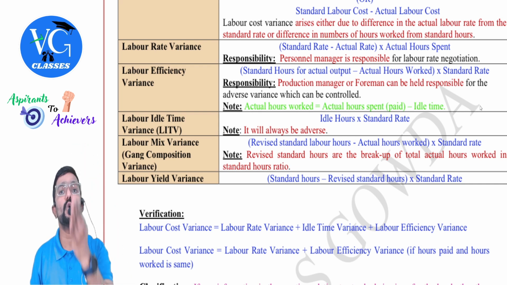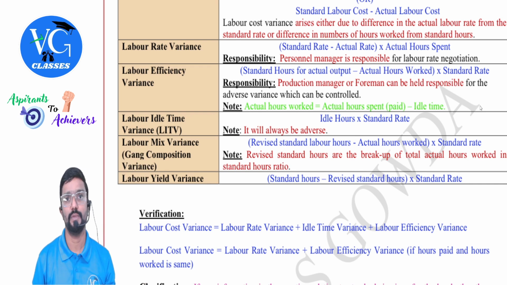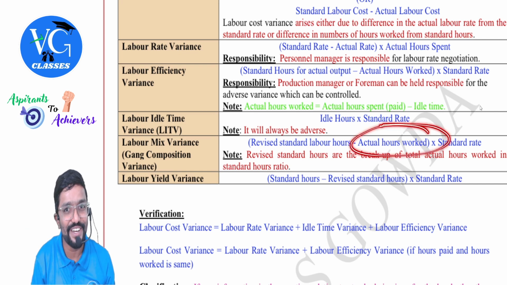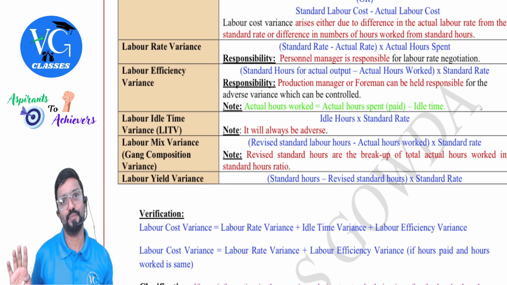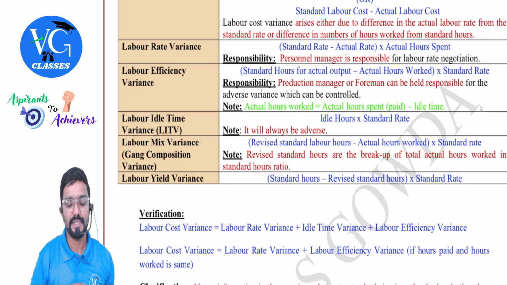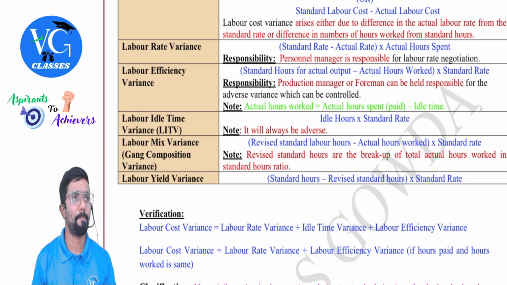Now here, what is the revised standard hours? Simple. Take the total actual hours worked, divide it in standard hours each. Same thing, take the total and divide it in standard hours each. So the formula is revised standard hours minus actual hours worked into standard rate.